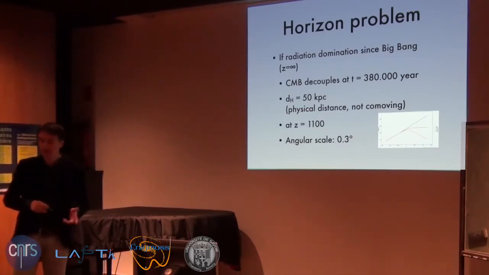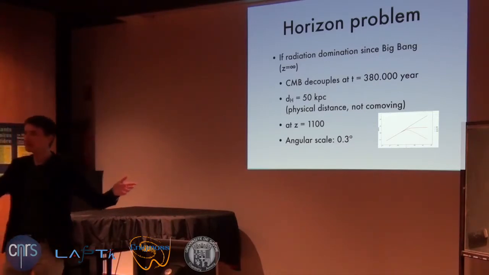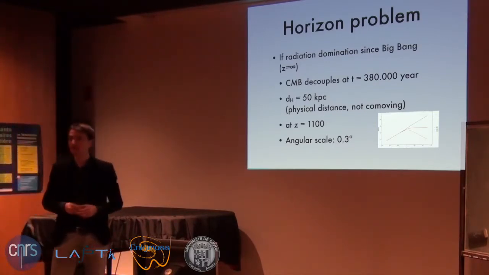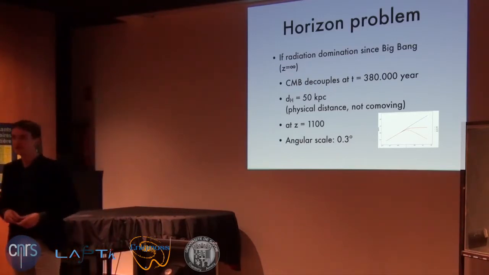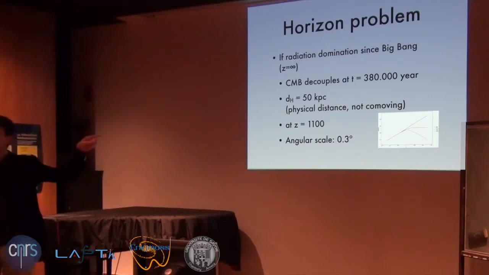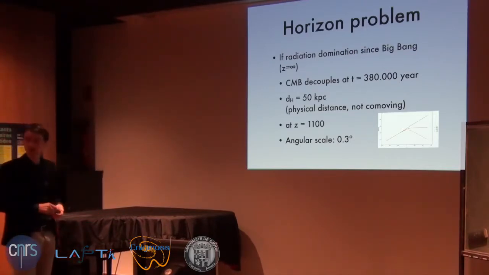Or even if you don't care about the actual correlations, just look at the temperature in each direction and the fact that it is only different by 1 in 10 to the 5th. How can it be that the CMB has the same temperature in every direction if these individual directions of the CMB at the last coupling, at the surface of last scattering, have never been in causal contact with each other? It should be affected by some random uncorrelated component.